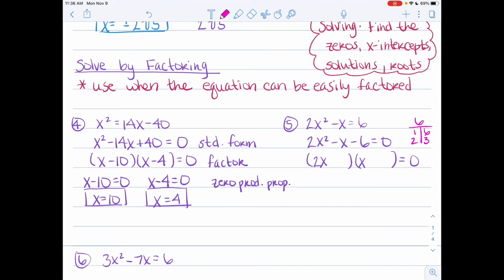And if you play with those long enough, what you're going to come up with is that you need a positive 3 and a negative 2. Remember, we're using our guess and check method. This is the set of factors that works. A positive 3 and a negative 4 are going to give me the negative 1x that I need.